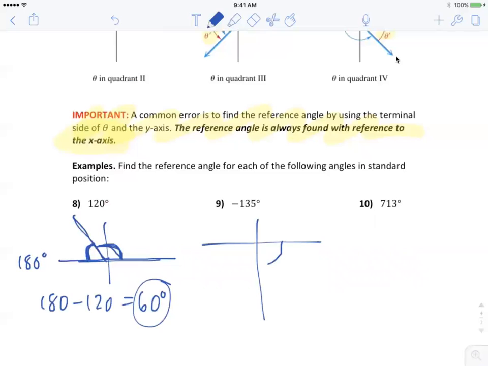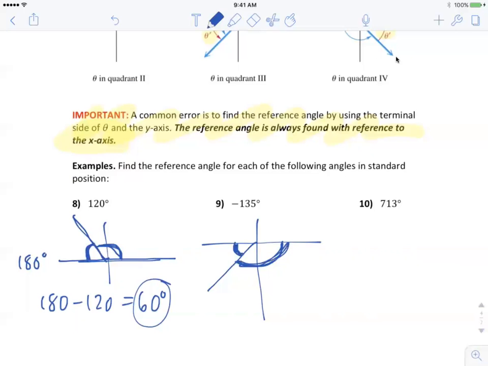Okay. How about negative 135? Negative is this way, right? There would be a negative 135. The reference angle is here. Okay. So kind of similar, right? What is that reference angle? What is the difference between this and this, right? That's 135.